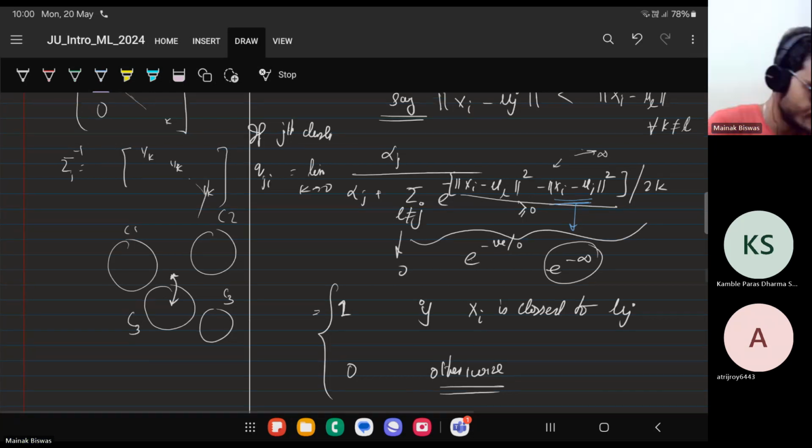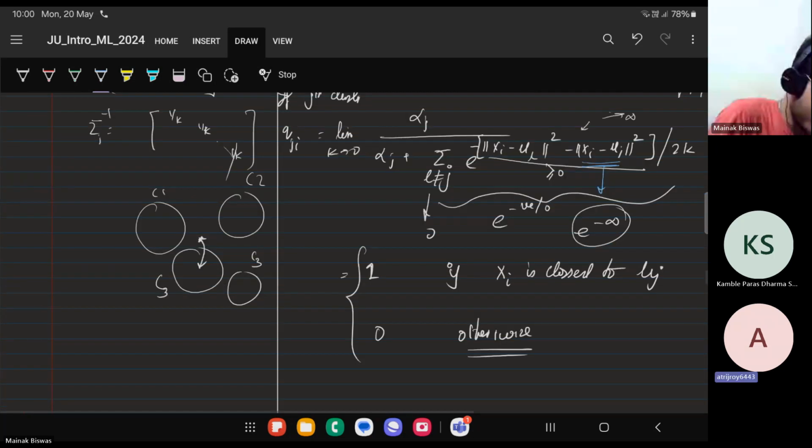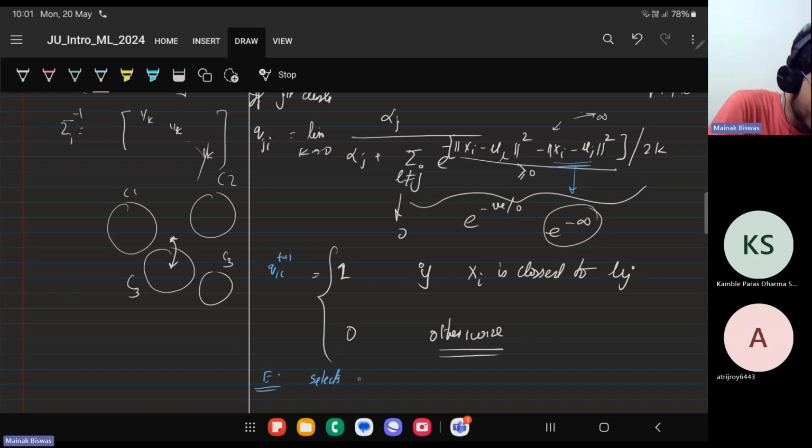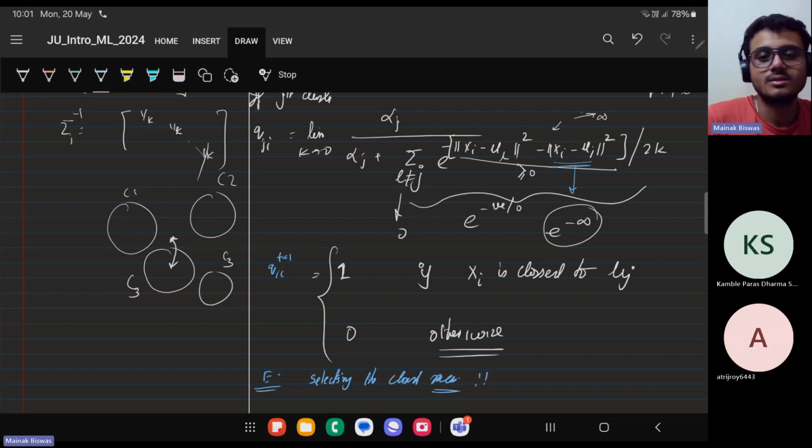Then the minus gets cancelled, and it becomes e to the power of plus infinity. So the expectation step in k-means is selecting the closest mean. This is exactly what is being done: selecting the closest mean to each data point.